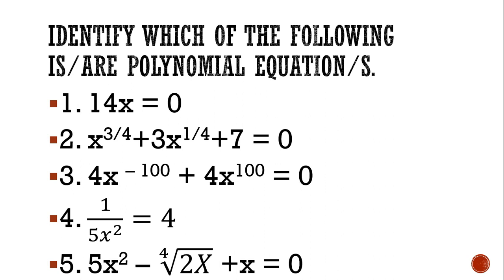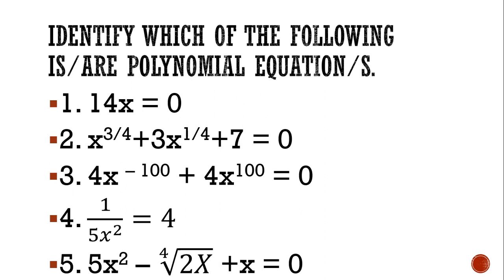Number 4, 1 over 5x squared is equal to 4. Number 5, 5x squared minus 4th root of 2x plus x is equal to 0. You can pause this video for you to answer this at your own pace. Let's now have the answers.